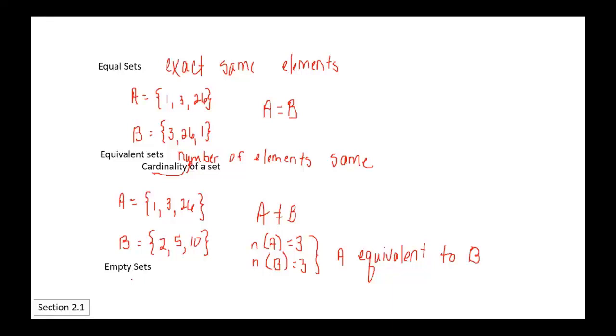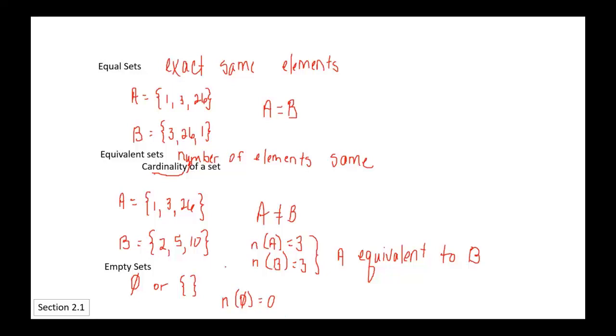Empty set: the symbol is really the key thing you need to know. It is like a 0 with a slash through it, or an opening brace and then a closing brace. There is literally nothing listed there. The cardinality of the empty set is 0, but 0 is not an element of the empty set.